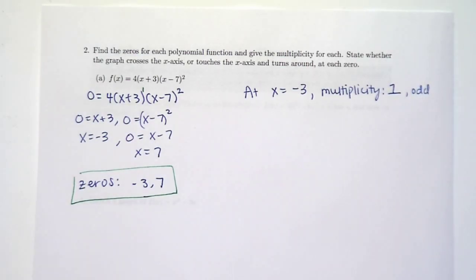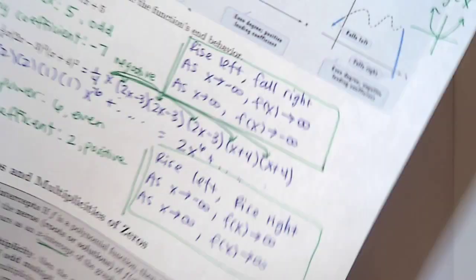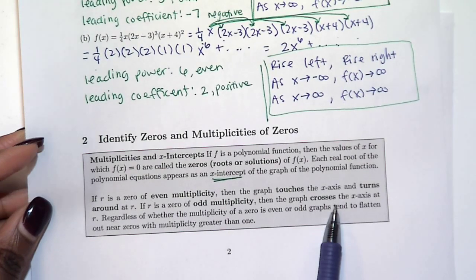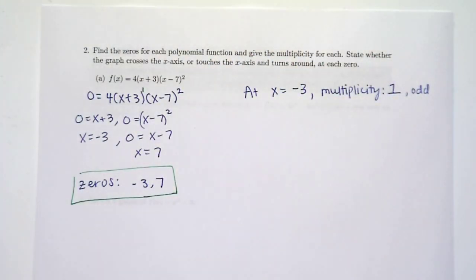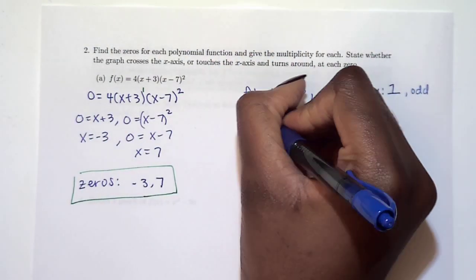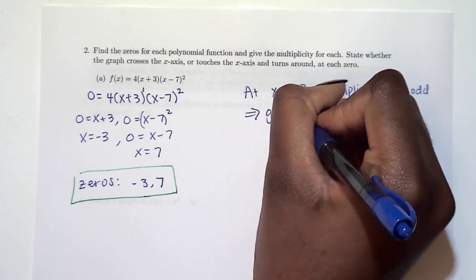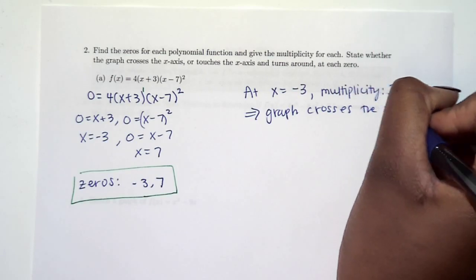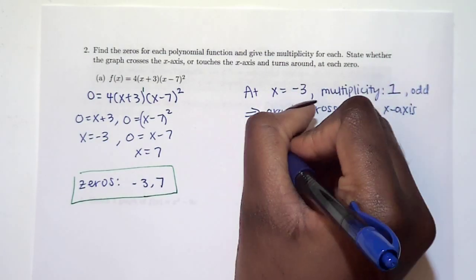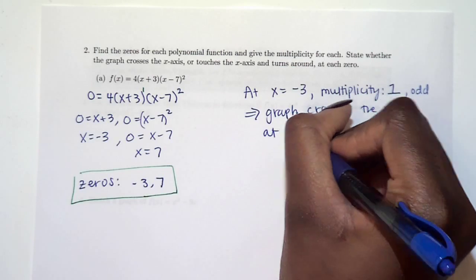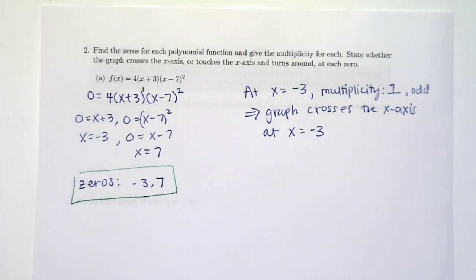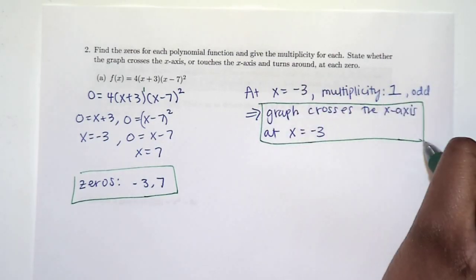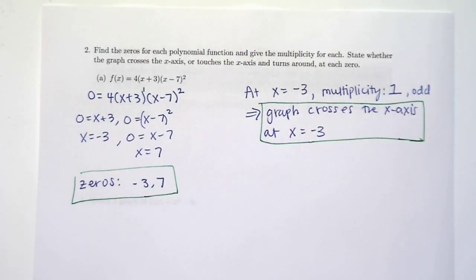By our definition, if our multiplicity is odd, then the graph crosses the x-axis at our 0. So this means that our graph crosses the x-axis at x equals negative 3 because the multiplicity was odd. So at x equals negative 3, our graph is going to cross the x-axis.